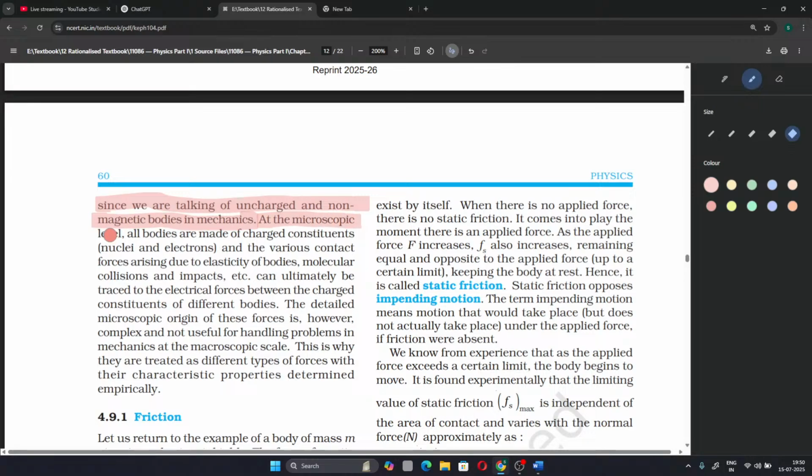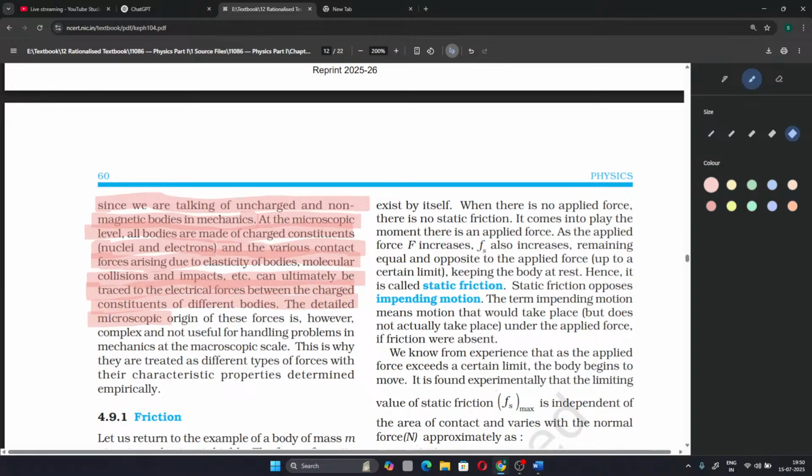At the microscopic level, all bodies are made up of charged constituents, nuclei and electrons. The various contact forces arising due to elasticity of bodies, molecular collisions, and impacts can ultimately be traced to the electrical forces between the charged constituents of different bodies.